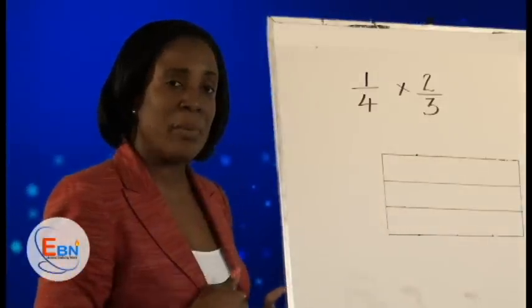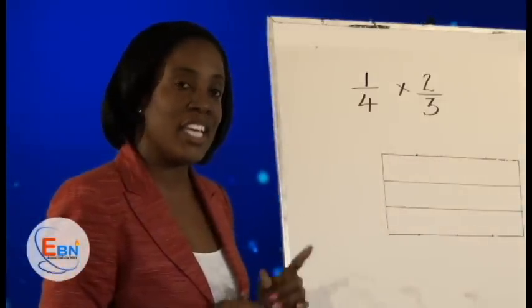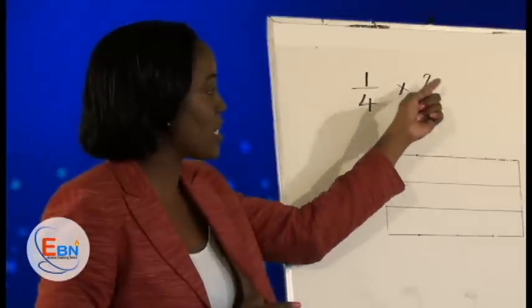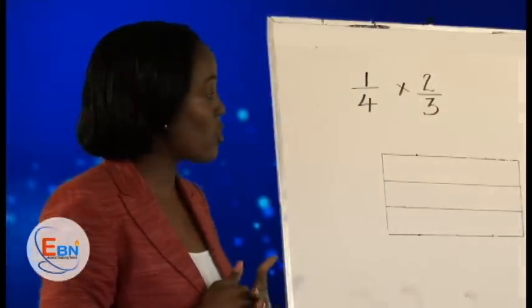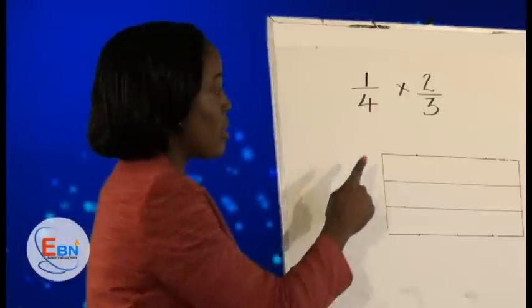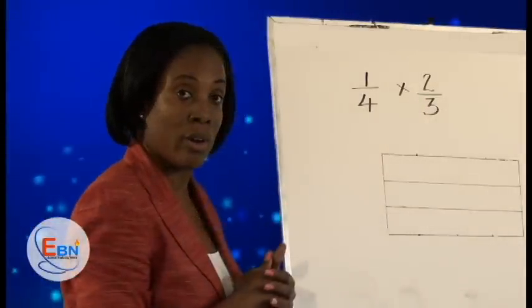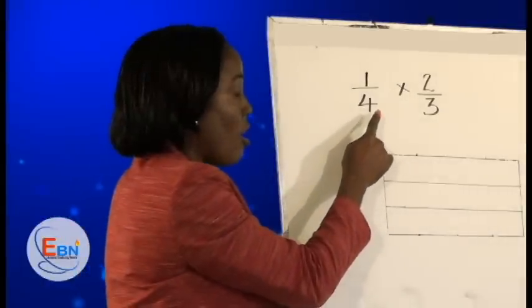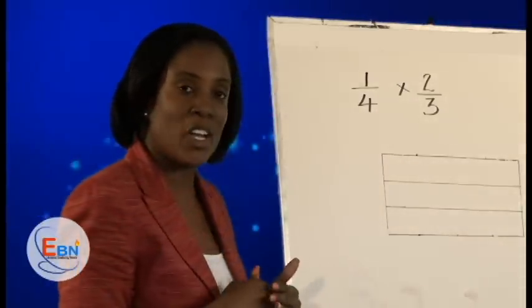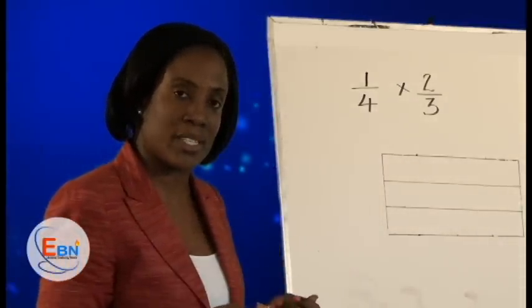Now, it is very important that we understand the interpretation of this problem. It actually means, what is a quarter of 2/3 or 2/3 of a quarter, depending on the context in which it is placed.